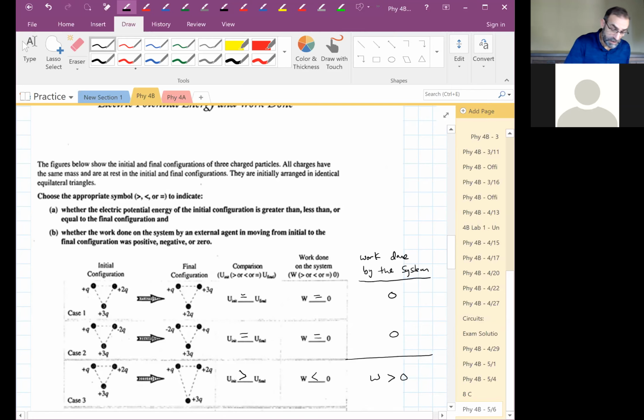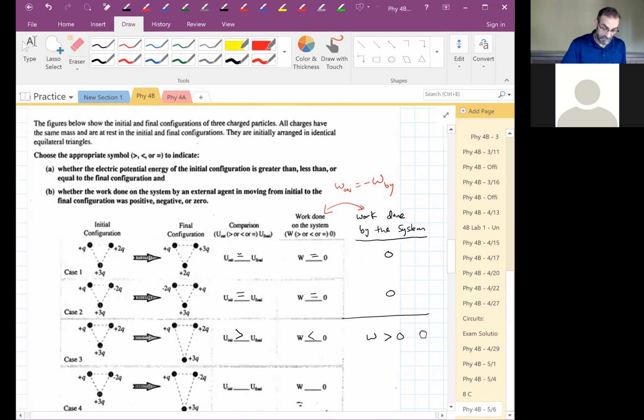Remember, these two always have to be opposite. If our particle starts and ends at rest, and all of these are at rest. Okay, we good now? Yeah, okay, good.